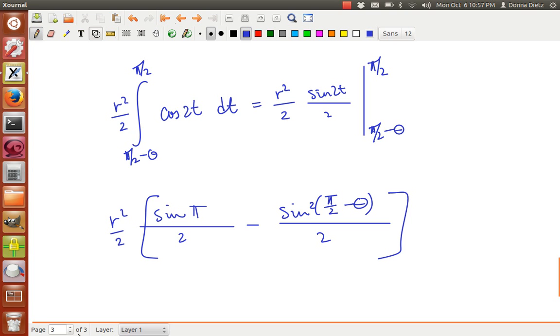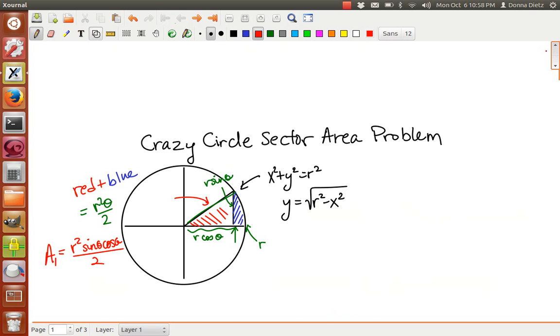So what is sine of pi? Theodore, can you say 0? 0? Sine of theta is 0, right? So this piece goes away. Great. And this is a minus sign, which we're really happy about right there because we're hoping that we can get rid of this mess up above. That's what we're hoping for.